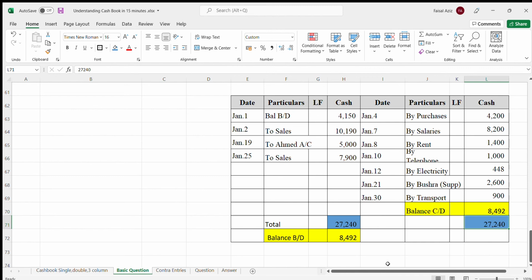The second advantage is that management can know the balances of cash and bank at any time. It helps in effective cash management. And the third advantage is that cash book is balanced regularly, which helps in avoiding fraud. Also, discrepancies, if any arises, can be found and rectified.